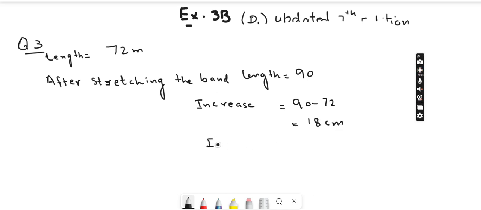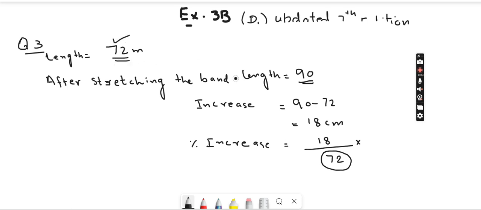And when you talk about percentage increase, it will be the increase value you'll write in the numerator divided by the original one, that was 72, because there is an increase in 72, so you'll write it in the denominator, not this 90. This was after stretching. We have to see the change in 72, how much percentage is the change as 72 comes to make it 90.